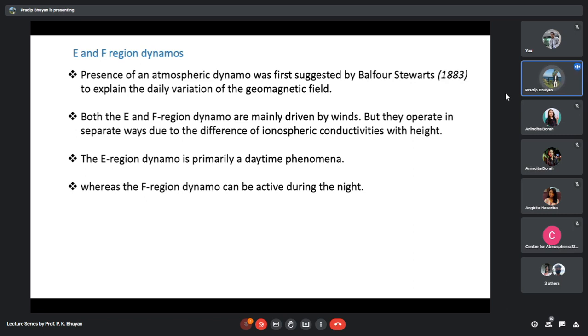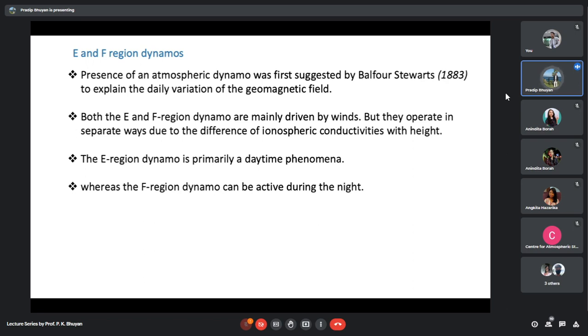Because when you have a circular current, the magnetic field parallel and perpendicular to it will vary. Okay, you know those things. So these geomagnetic field variations may be ascribed to some form of a dynamo in the atmosphere.